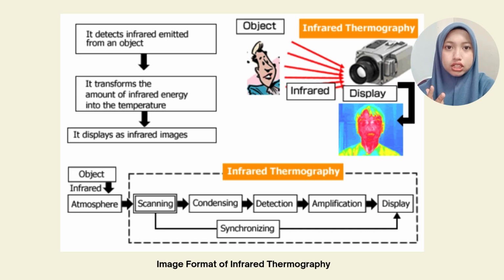Number 3, detection: the heat is detected and measured. Number 4, amplification: the signal is made stronger. Number 5, display: the final image is shown on the screen. The system also includes synchronizing, which keeps everything working in order. The camera changes the infrared energy into temperature data, which is then turned into a colorful thermal image.